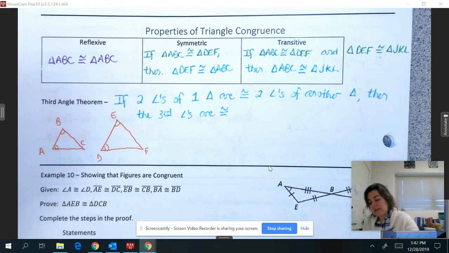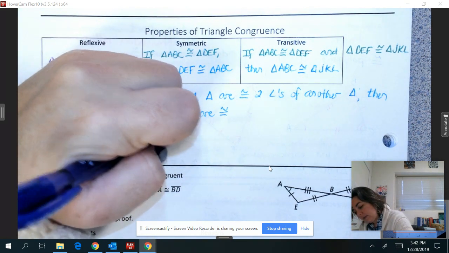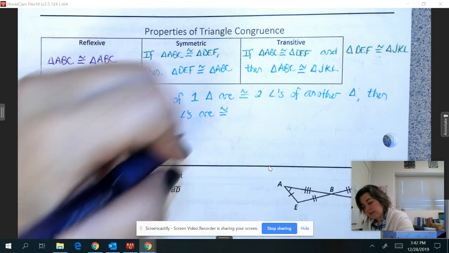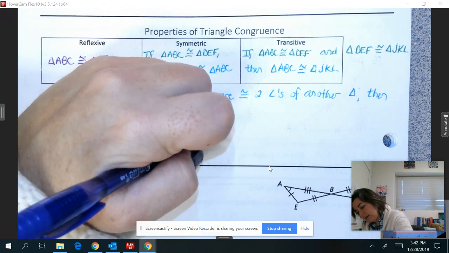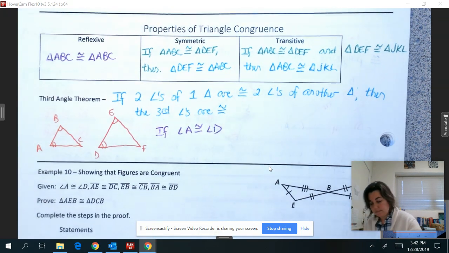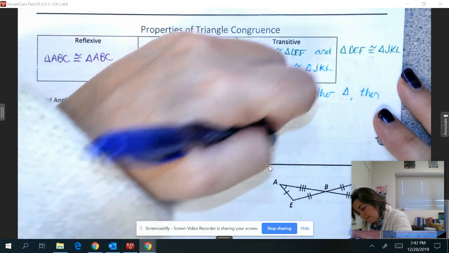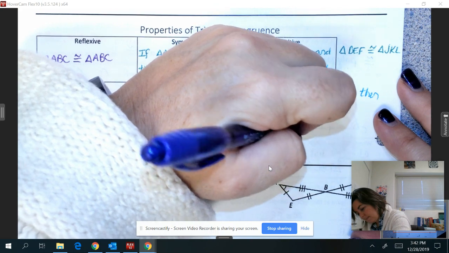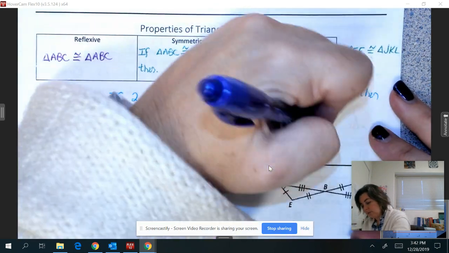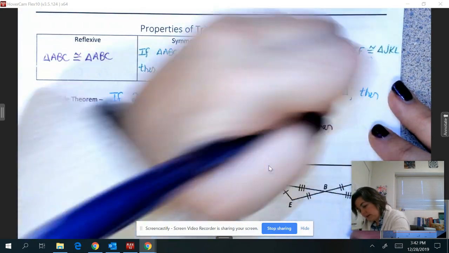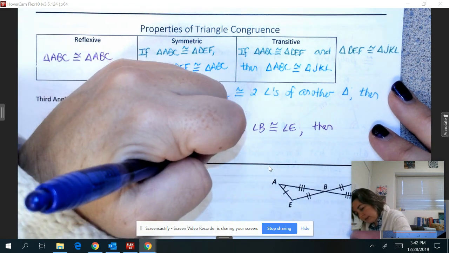So this says if A is congruent to D and B is congruent to E, then the third angles are congruent, so then C and F are the same.